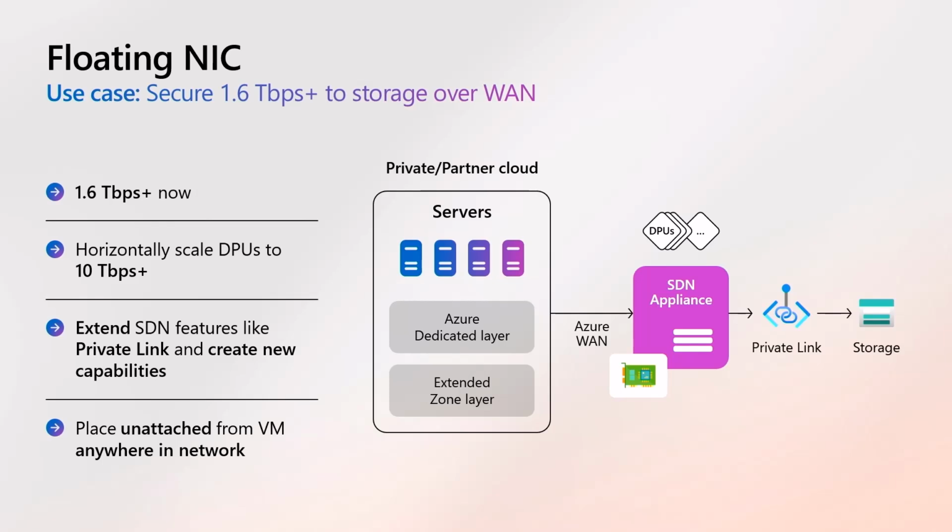You don't even need now to create a virtual machine to support the processing of SDN rules. You can simply create a NIC and say, this is where my SDN processing is happening. Connect that NIC with its IP address to something external, and then all the packets flowing through that get those rules processed, like Private Link or other kinds of features.